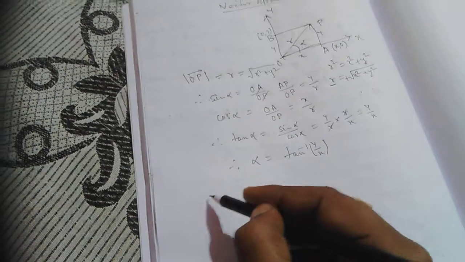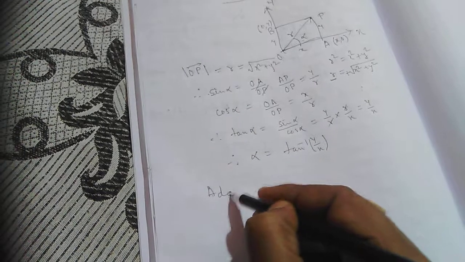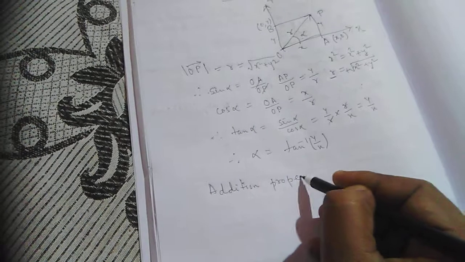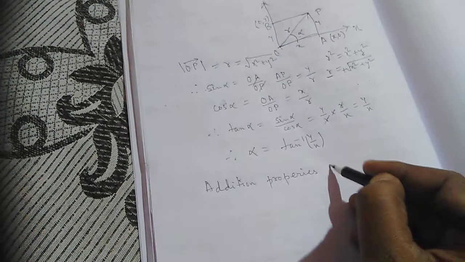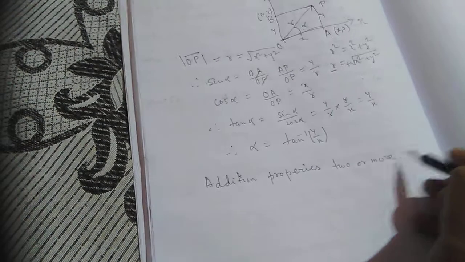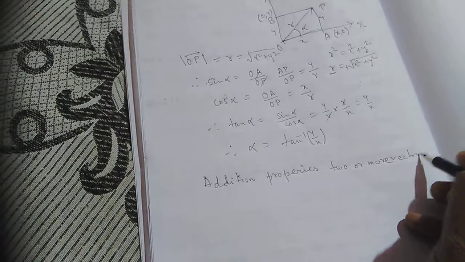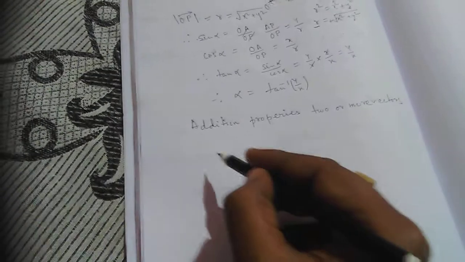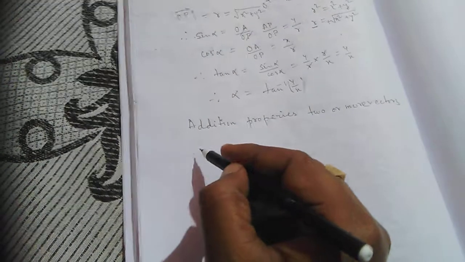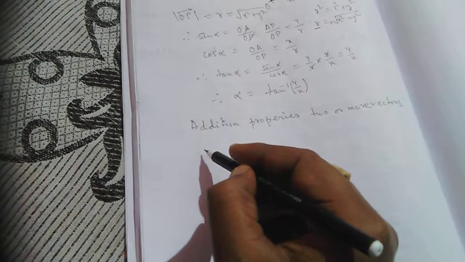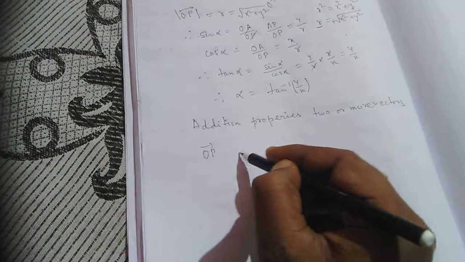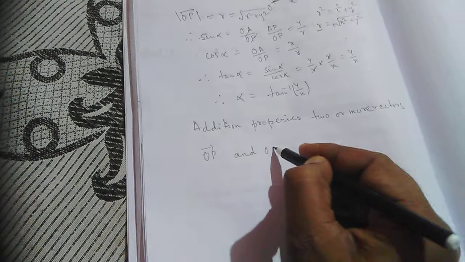Addition is very easy, like the addition properties of two or more vectors. Let us consider two vectors. Let one position vector be OP and another position vector be OQ.